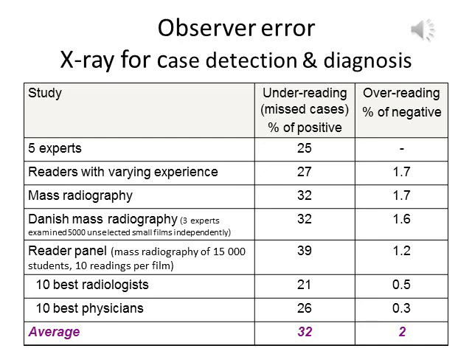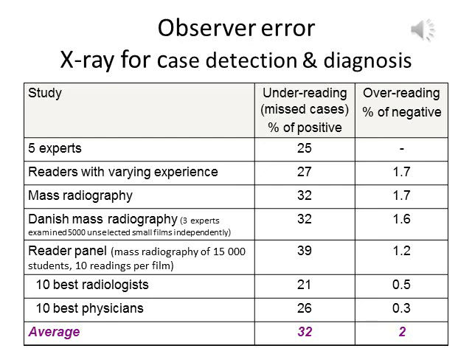Interestingly, when the same films were read again after about 3 months, the experts changed their mind in about one-fifth of the cases they had previously classified as positive, and this shows an intra-individual inconsistency of 20%. Several studies shown here confirmed that about 26 to 39% of the films might be underread.